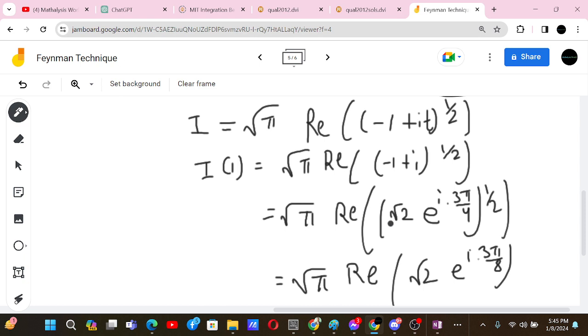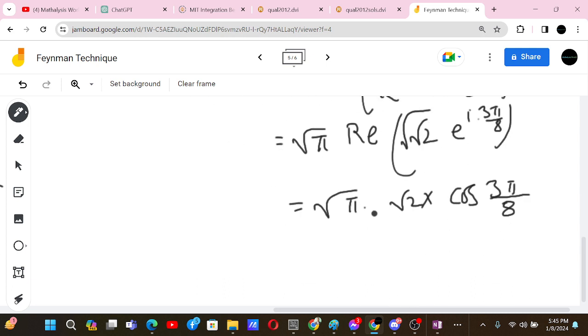Wait, I forgot to take the root of root 2 as well. So if I take the root of root 2, that will be root of root 2. Now cos 3 pi by 8 is also sine of pi by 2 minus 3 pi by 8, and that's 4 pi by 8 minus 3 pi by 8, that's just pi by 8. So it's root pi times root of root 2 times sine pi by 8.